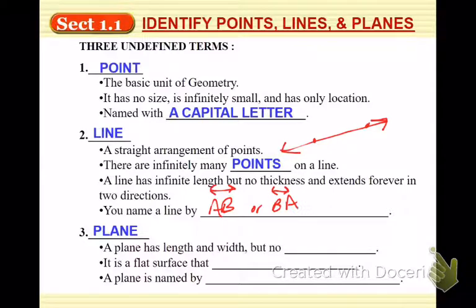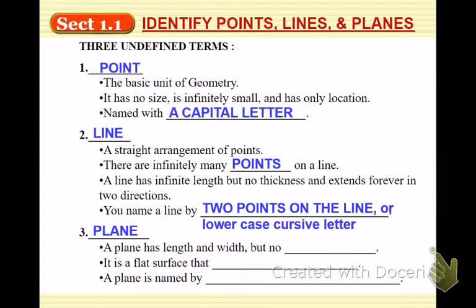So instead, what we'll use to name the line is a lowercase script letter, like L. So we can also name this line, line L. Okay? And that's it. We just use the L for lines. You can certainly use other letters besides L, but that seems to be the most common one.